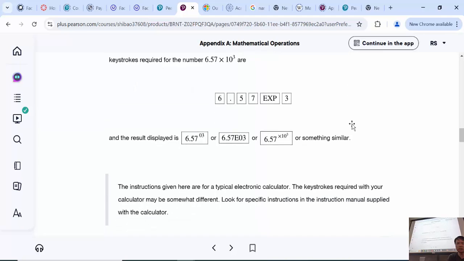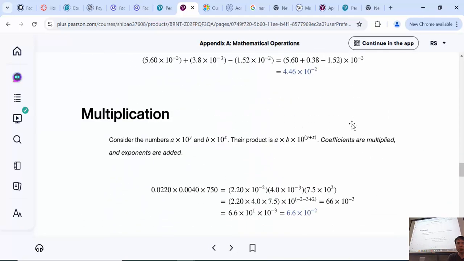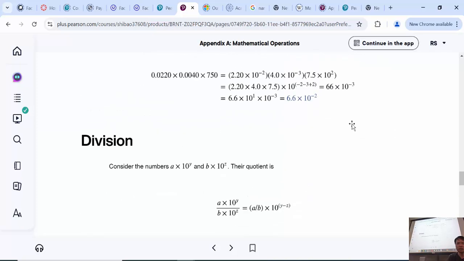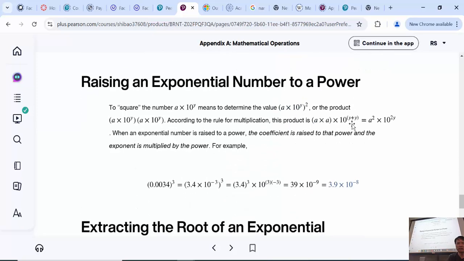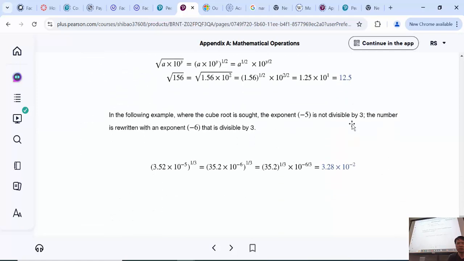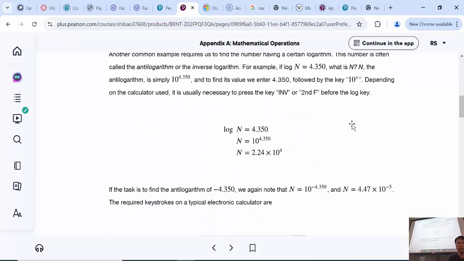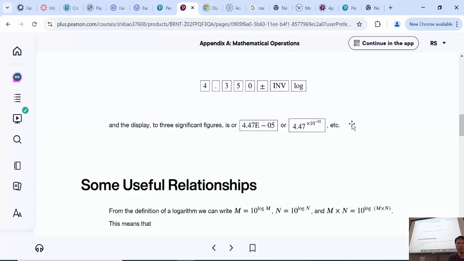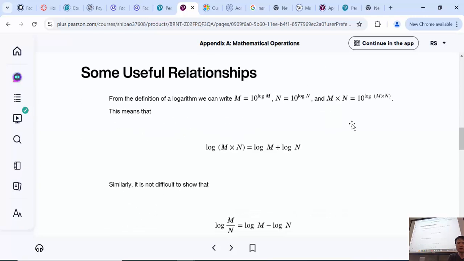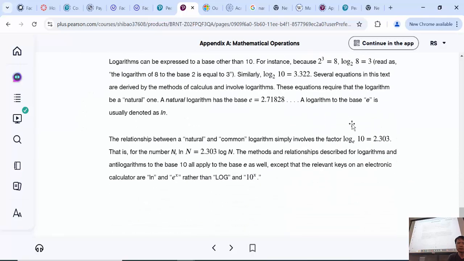Scientific notation, using a calculator, addition and subtraction, multiplication, division, exponentials, logarithms. We're going to be using lots of logarithms this semester. Natural logs and log base tens. So it might be good to review this.